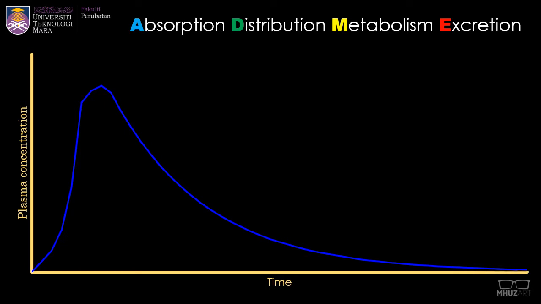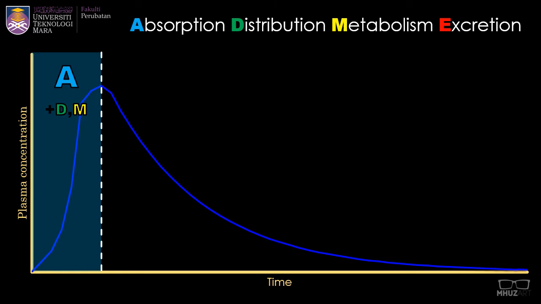Let's go back to the plasma concentration versus time curve. In the first part of the curve, the increase in plasma concentration here is contributed by the process of absorption of the drug from the GI tract.